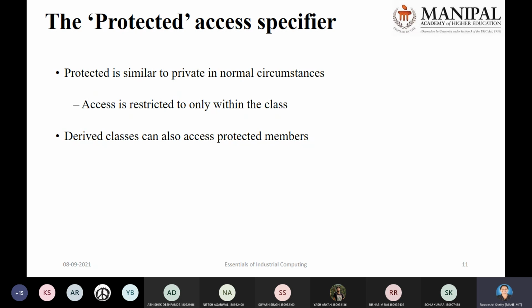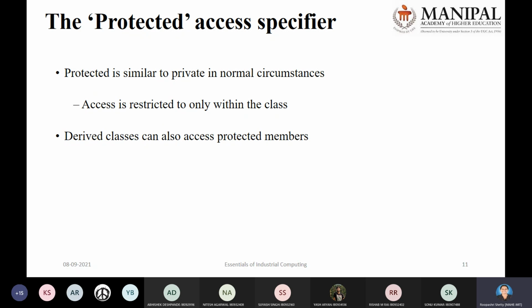Okay, when you make any member variable protected, and if there is no inheritance in your program, then the protected access specifier behaves like private. But when you have a derived class in your program, that is, when inheritance is used, then member variables are accessible to the class where they are defined plus the class which inherits that particular base class.